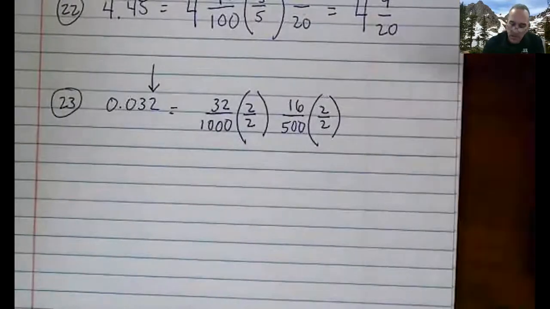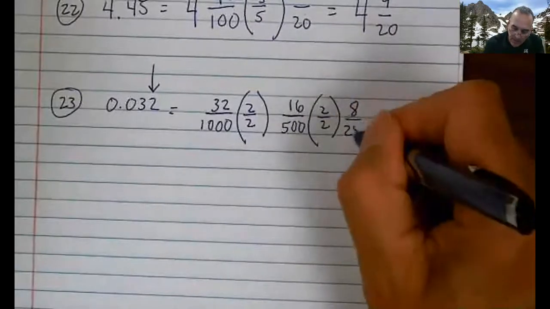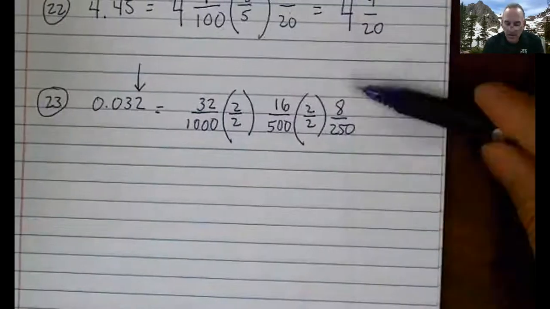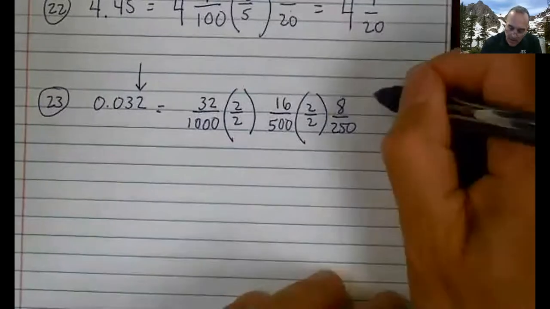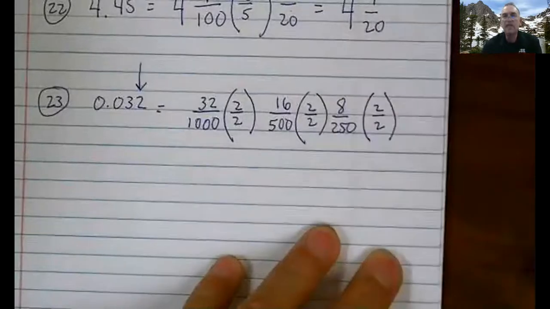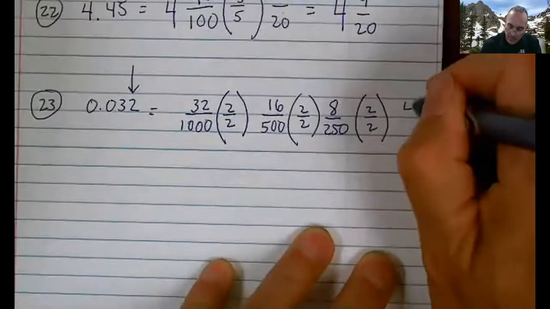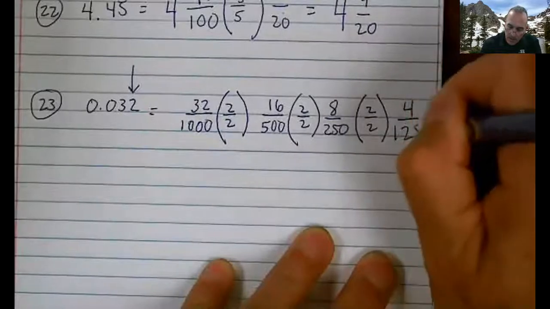Correct? I look at that and I go, well, that's 8. I can split that in half in my head. They're still even numbers. And I think I can divide these by 2 again. I see it. Okay, I can divide that by 2 and I get 4 over 125.